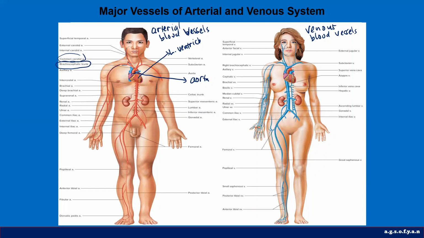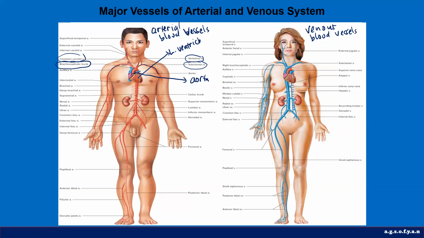On the left side, it has 2 branchings from the arch of the aorta. The left common carotid artery will give blood to the left side of our brain. And the left subclavian artery will give blood to our left arm. So this is the one that goes up to the upper part of our body, brain and upper limbs.